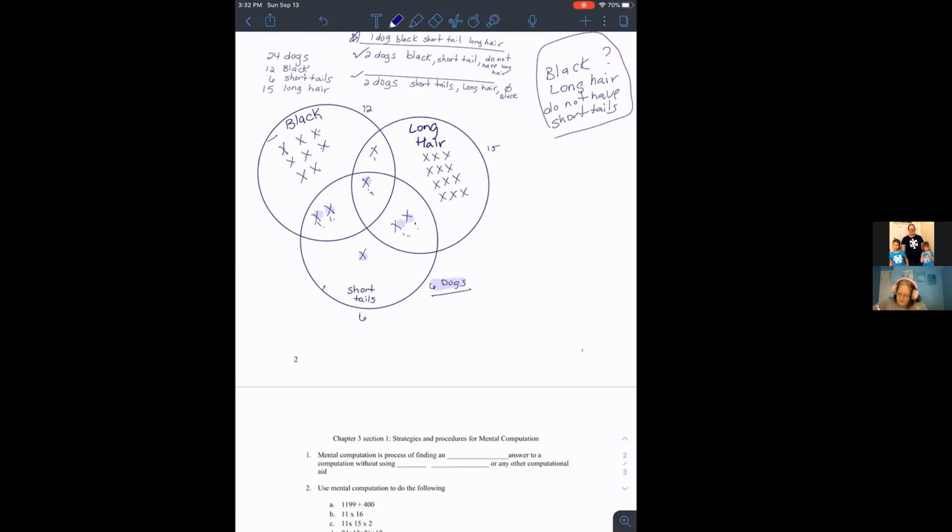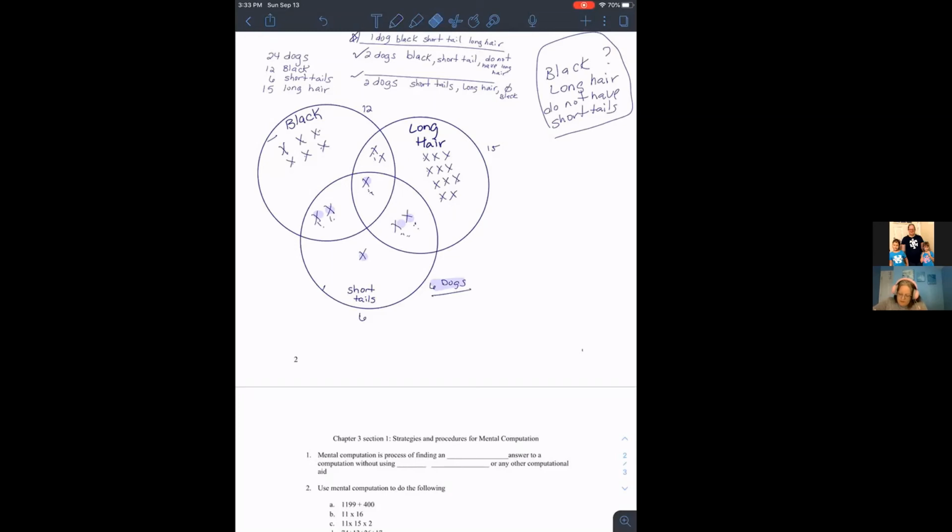And then 1, 2, 3, 4, 5, 6, 7, 8, 9, 10, 11, 12, 13, 14, 15, 16. So they still have 16 long hair, so that can't be. So what I did is I would delete one more from each side, add it to the joined. I would kind of do this until I got to where they were all even.